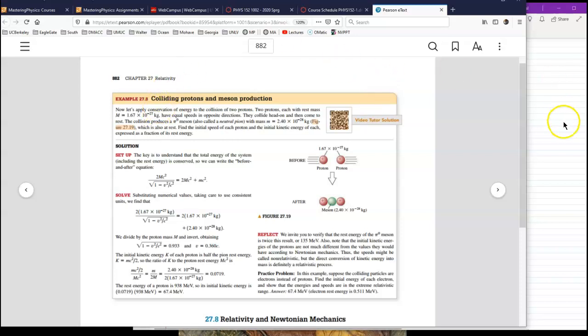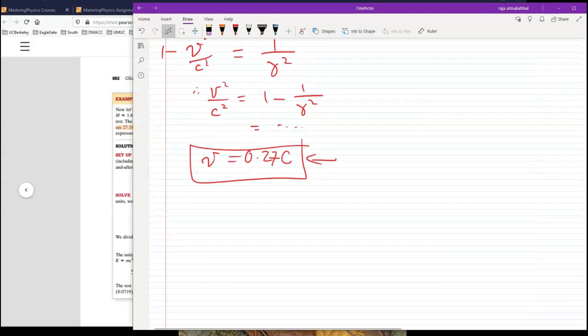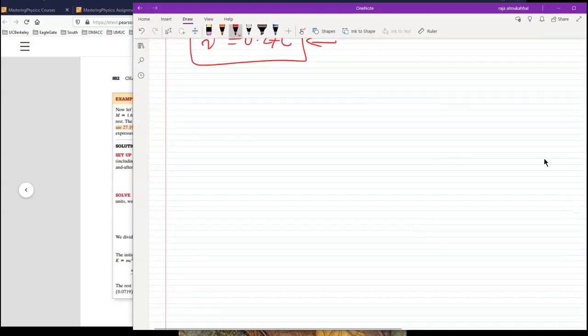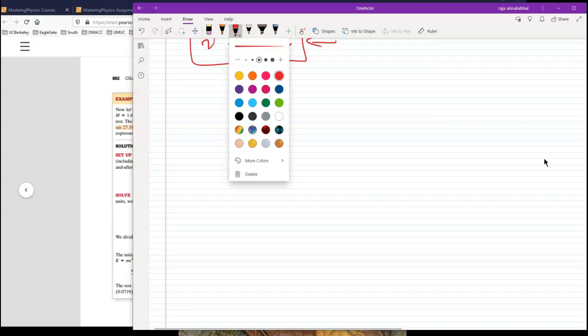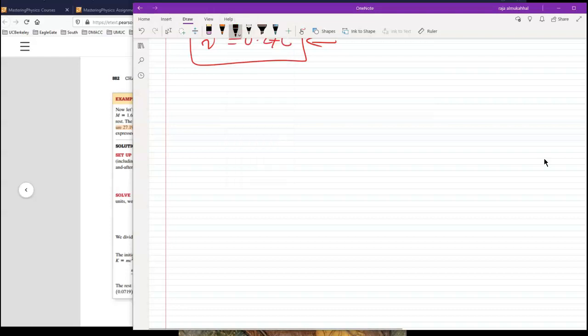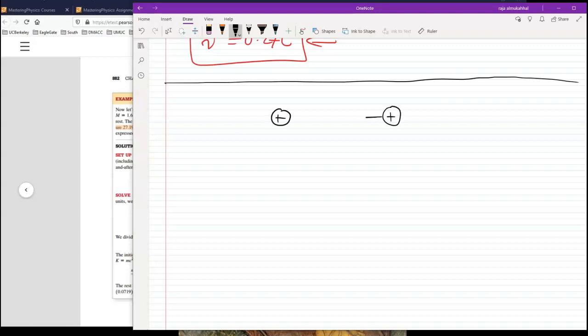Okay, this is how we do it. Let me show you the story first. Let me change it to black color again. So what you have in here, you get two protons. Here's one, here's another one. They are shot head-on in a head-on collision.